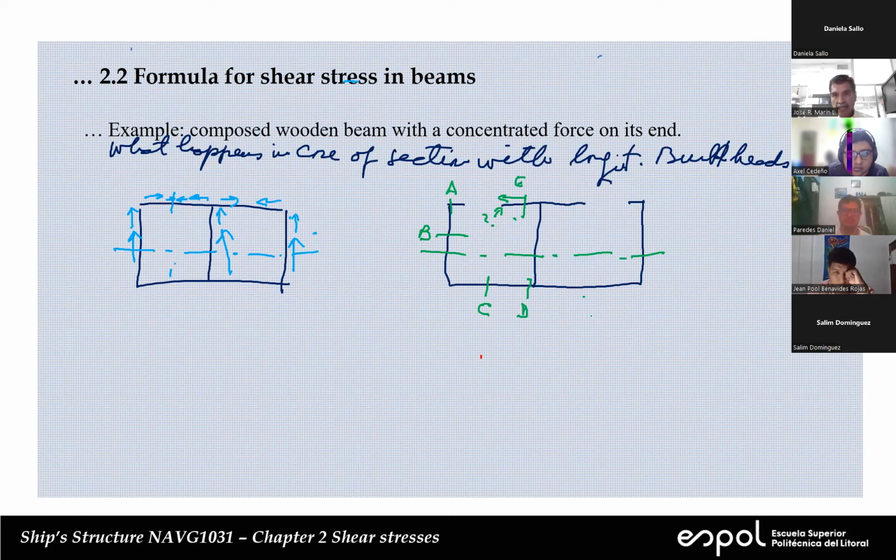Can you calculate the shear stress at cut F? Let me, where is my pointer? Somebody took my pointer. Come on, here it is. Can you calculate it?